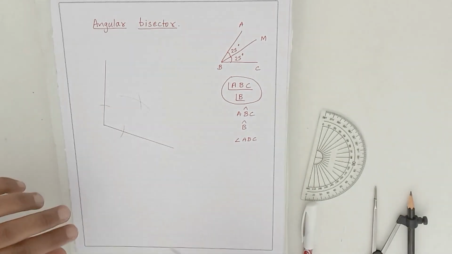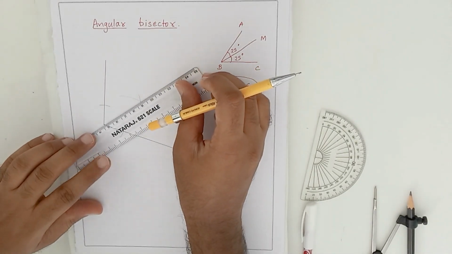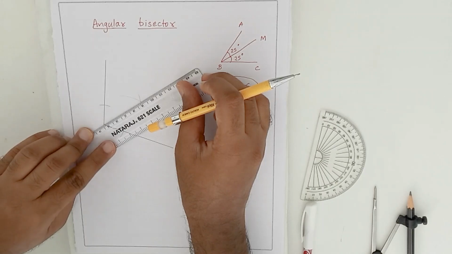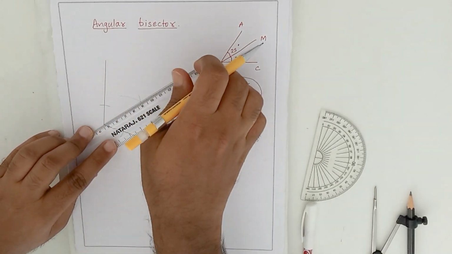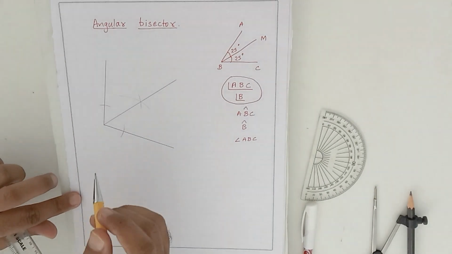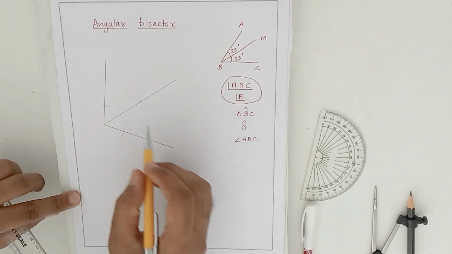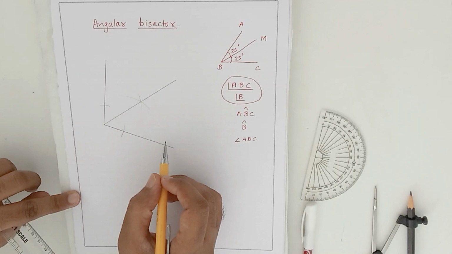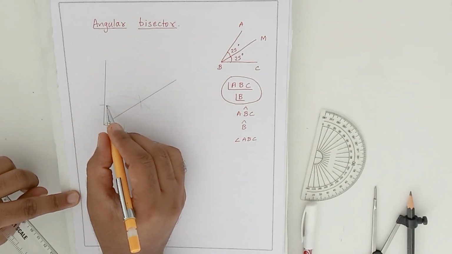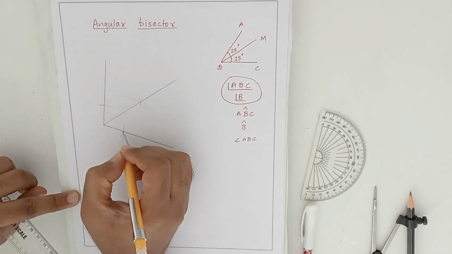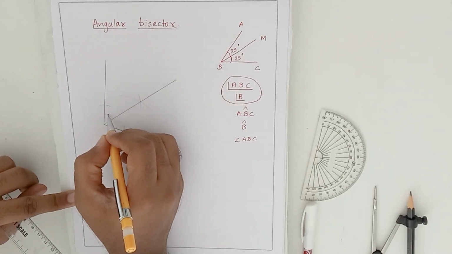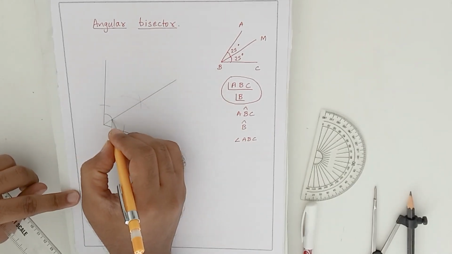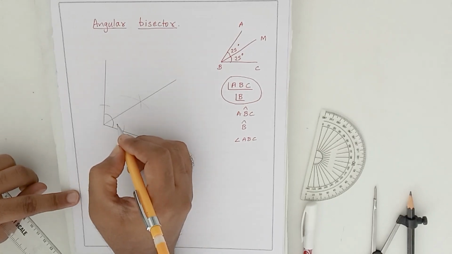We need to join these 2 points. That's it. Now I have bisected this angle. Let us say this entire angle is 120 degrees. Now I have bisected it. This will be 60 degrees, this will be 60 degrees if it is 120.